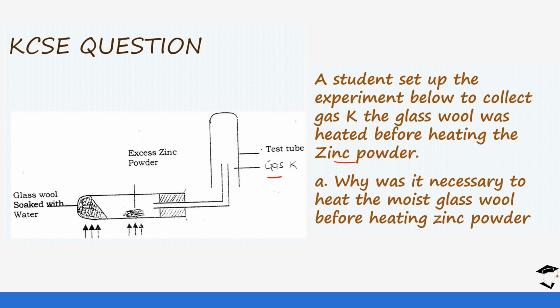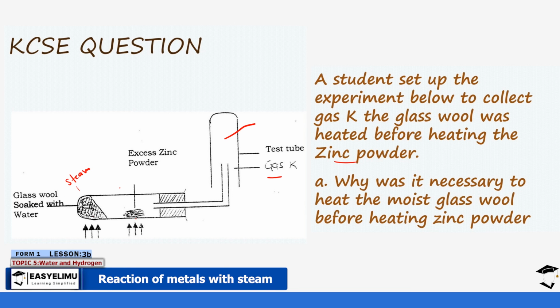From this reaction, we know that when the glass wool is heated, it produces steam. This steam is the one that reacts with zinc powder to form zinc oxide and then hydrogen gas is given off. So gas K is going to be hydrogen gas.